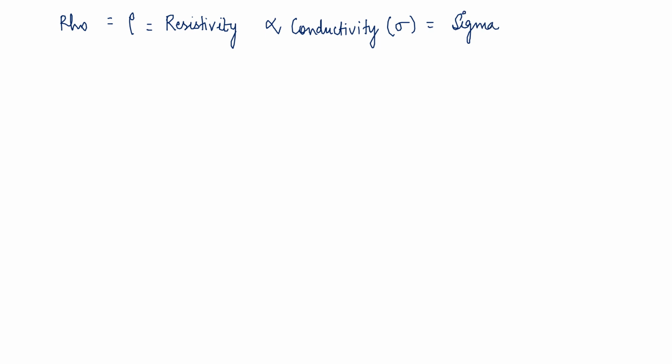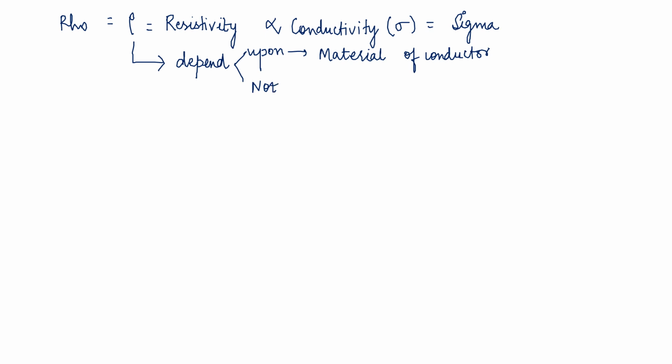Now resistivity also depends upon something, but it does not depend upon another thing as in resistance. So it depends upon the material of the conductor, but it is not dependent on the dimension.